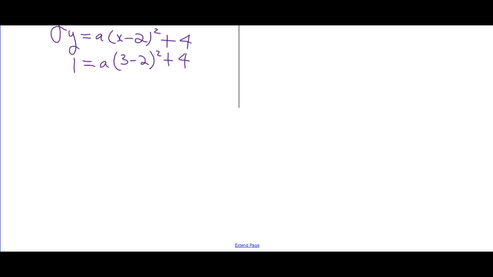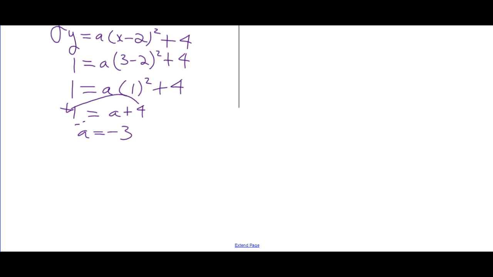So we've got 1 is equal to a times 3 minus 2, which is 1, squared, plus 4, right? So 1 is equal to a plus 4, and a will equal negative 3. I'm going to subtract 4 from both sides and get negative 3 equals a, and then just flip sides, so I write a equals negative 3.